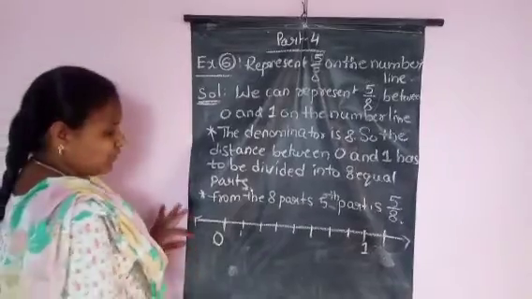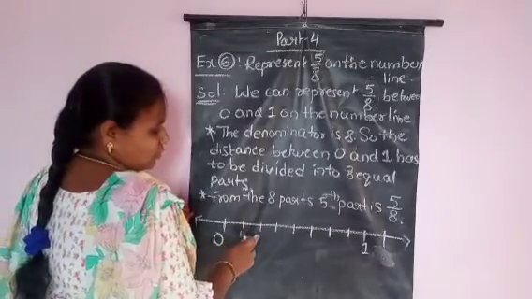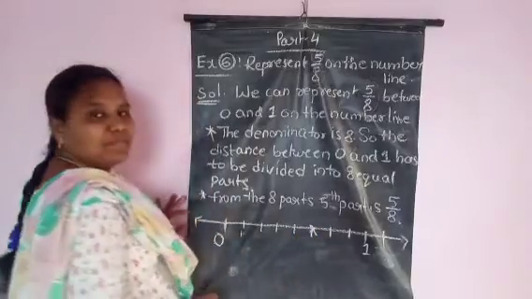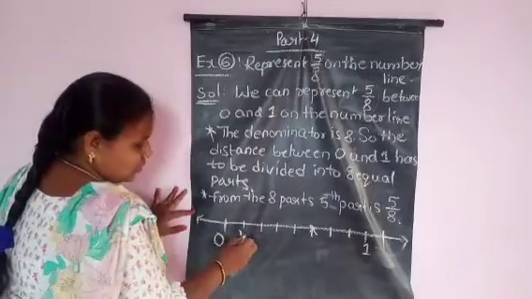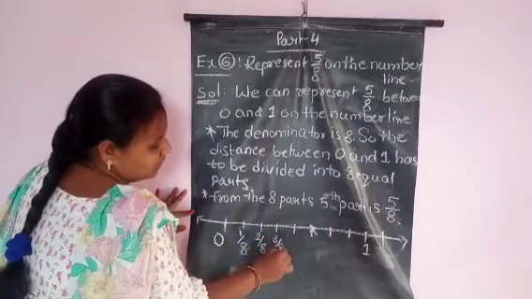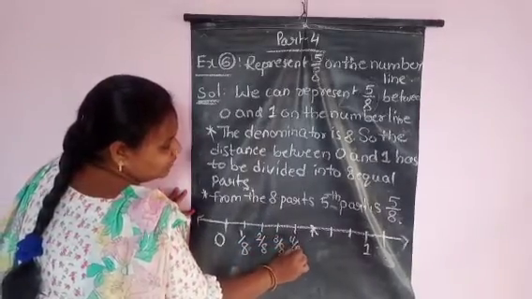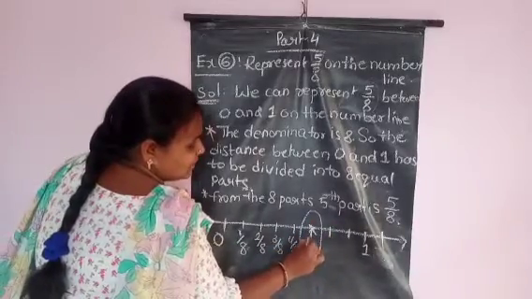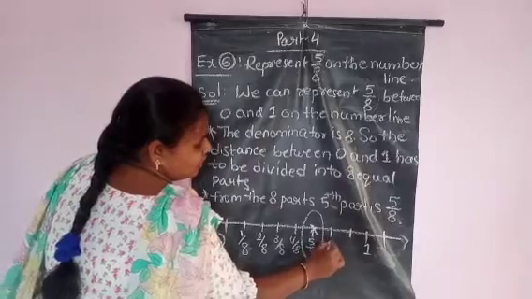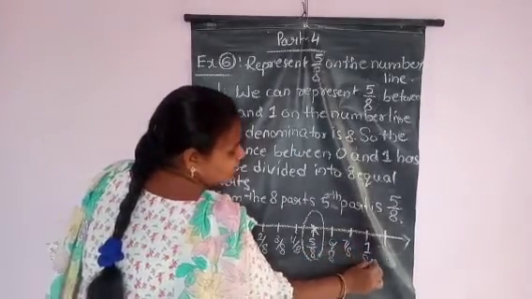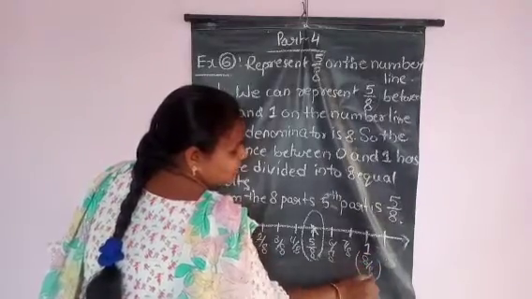Our 5th location: 1, 2, 3, 4, 5. The 5th part is 5 by 8. So 1 by 8, 2 by 8, 3 by 8, 4 by 8, 5 by 8. This is our representation of the given rational number. Now this is 6 by 8, 7 by 8 and 8 by 8, which is equal to 1.